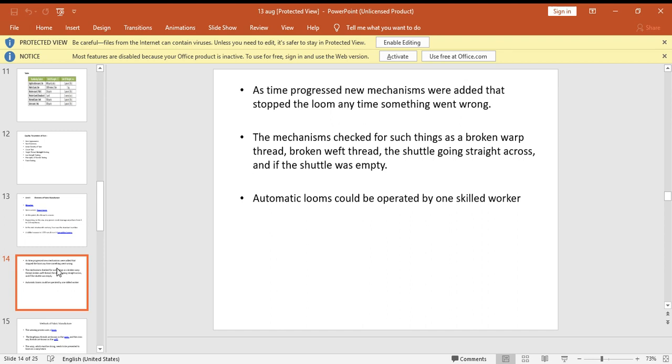As time progressed, new mechanisms were added that stopped the loom anytime something went wrong. The mechanism checked for such things as a broken warp thread, broken weft thread, the shuttle going straight across, and whether the shuttle was empty. The automatic looms could be operated by one skilled weaver.